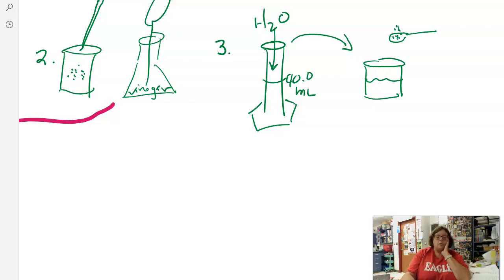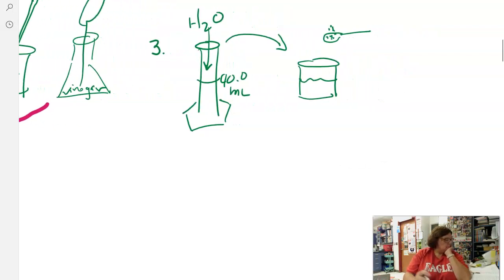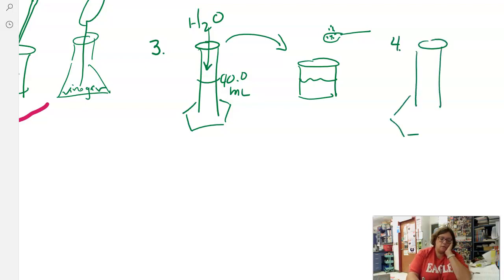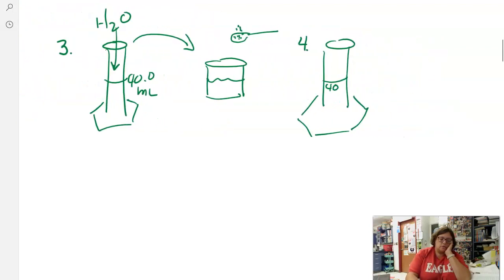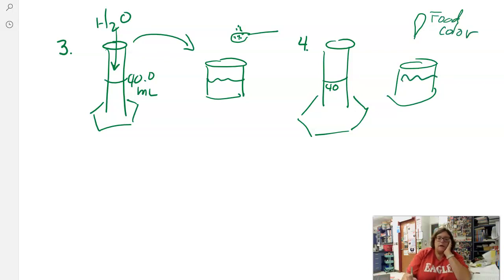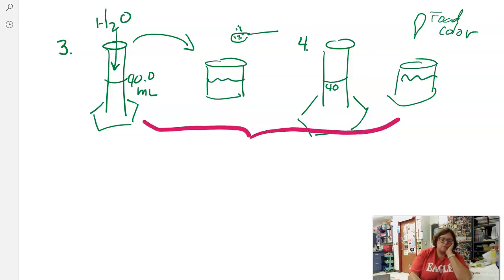And record your observations. Step 4, you're going to take about 40 milliliters of water again and add it to a beaker, and this time put drops of food coloring in. Just do 1 drop and observe. This I'm going to put at the second lab station.